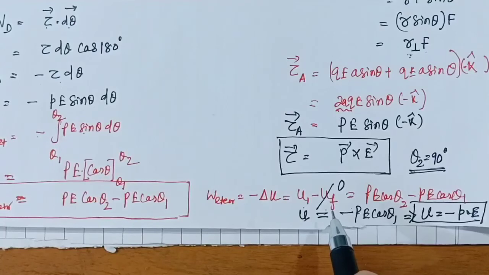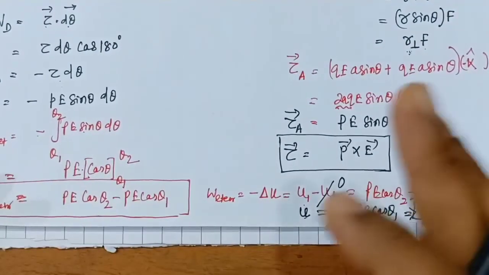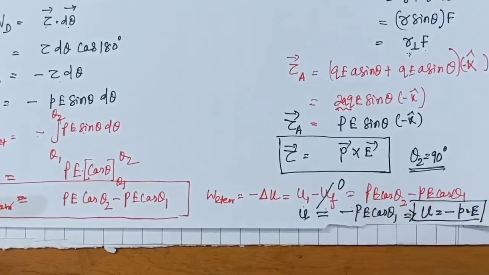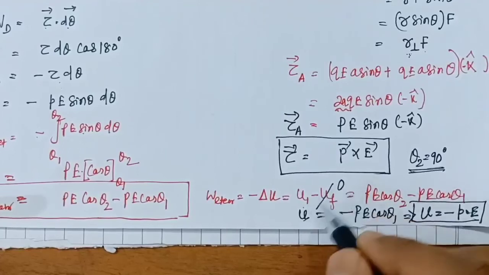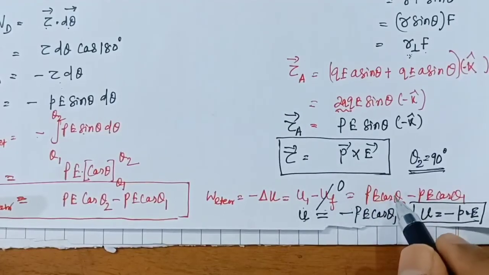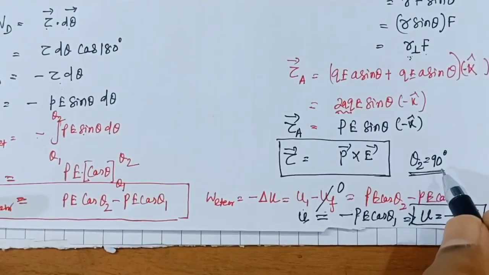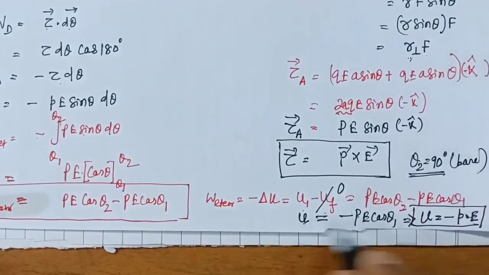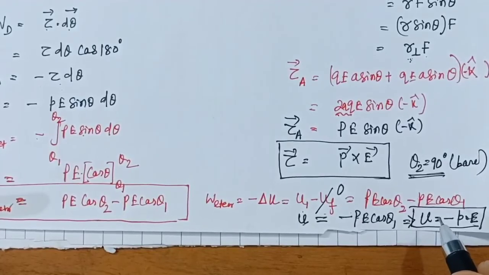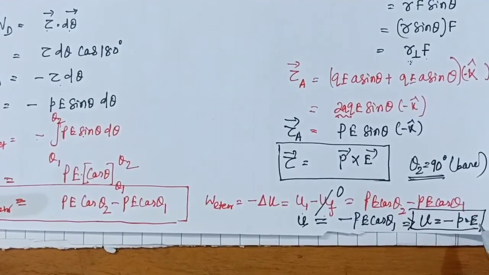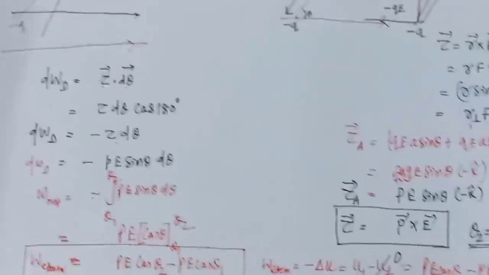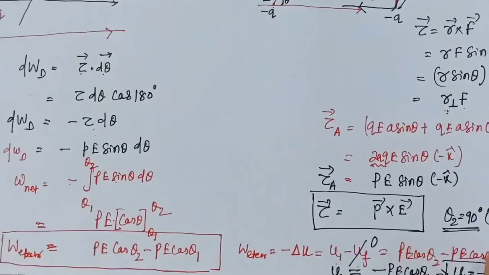For potential energy at a specific point, there is always a potential difference, but I make one of them 0 by assuming theta 2 is 90 degrees as the base. So I get the expression of potential energy U equals minus p dot E. This is a very fundamental thing that the student has to keep in mind when solving this kind of questions.